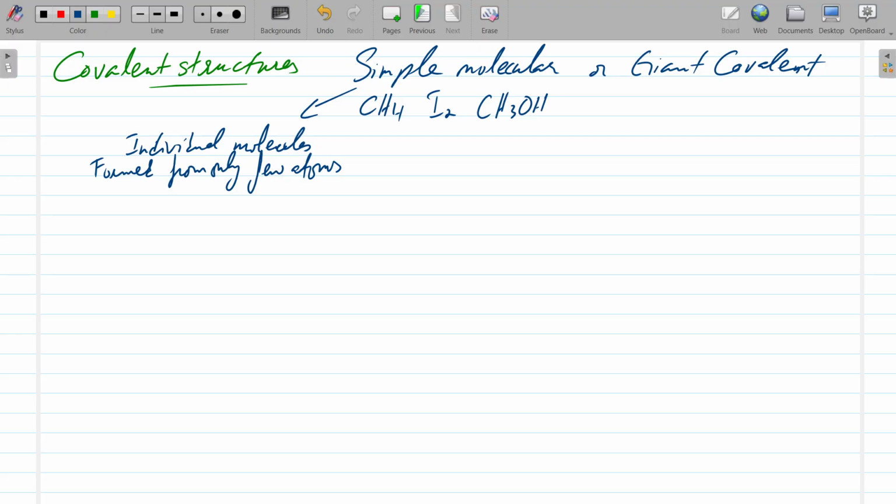Even though they have strong covalent bonds between the atoms within the molecule, they have weak bonds between the molecules themselves.